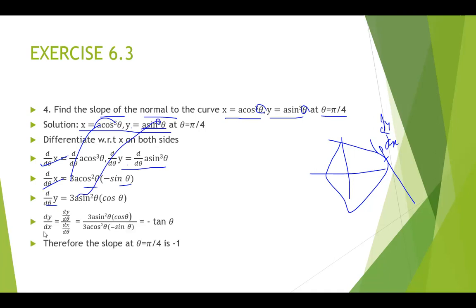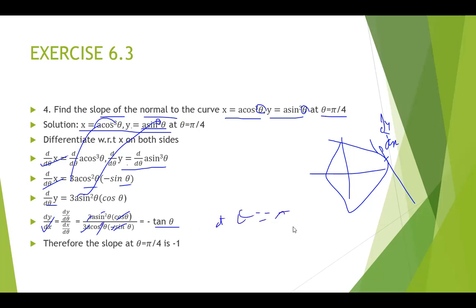Then dy by dx is dy by d theta upon dx by d theta. To substitute these values, 3a cancels, sin square theta and one sin theta cancels, cos theta cancels. I get sin theta by cos theta with this negative sign, so minus tan theta.